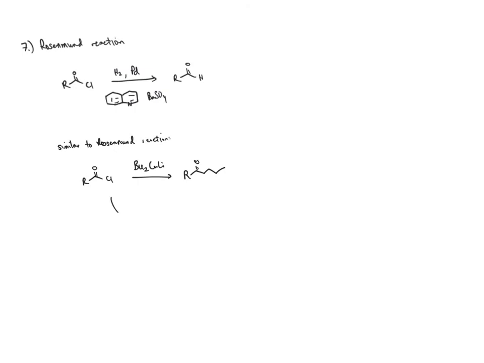And the reason this doesn't happen here is because cuprates are soft. And because they're soft, they're only going to add in once. So what does a cuprate look like? Well, a cuprate looks like this. We've got a negative charge on copper, positive charge on lithium, and so you're going to add into your carbonyl carbon a single time to generate a tetrahedral intermediate, and then that's it.